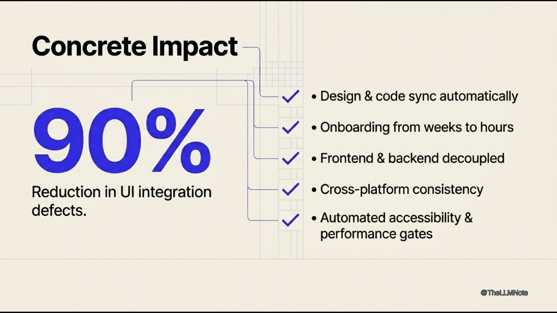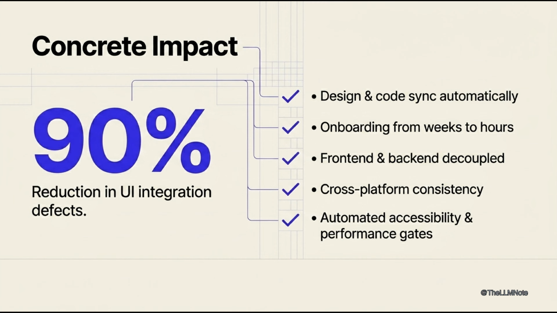And this is where things get complex. Concrete impact: a 90% reduction in UI integration defects. Contracts catch mismatches at build time. Design and code sync automatically. No screenshot-driven QA. Onboarding goes from weeks to hours with schema-guided guardrails.